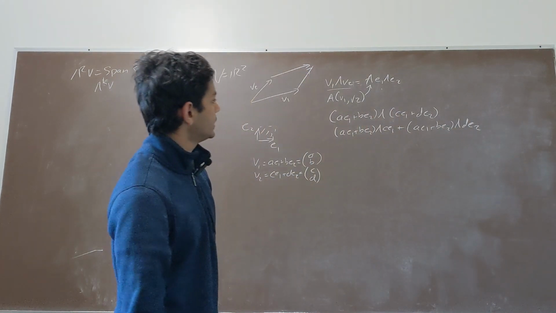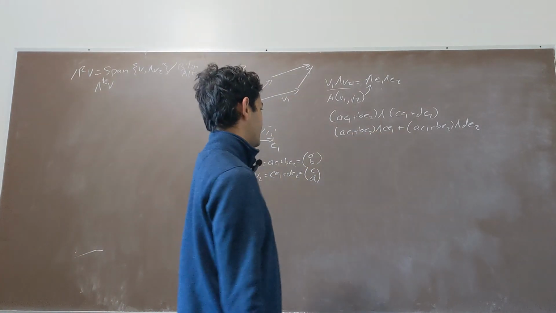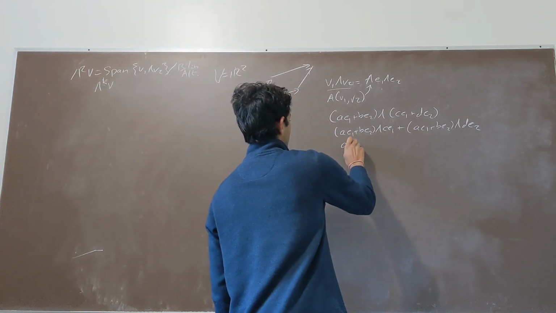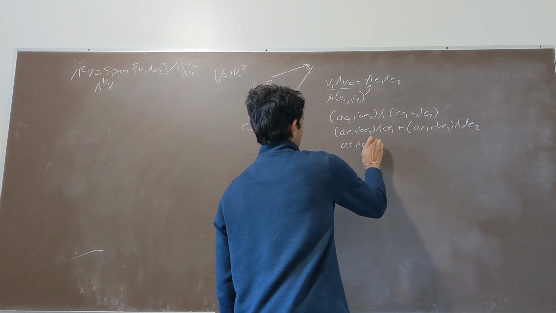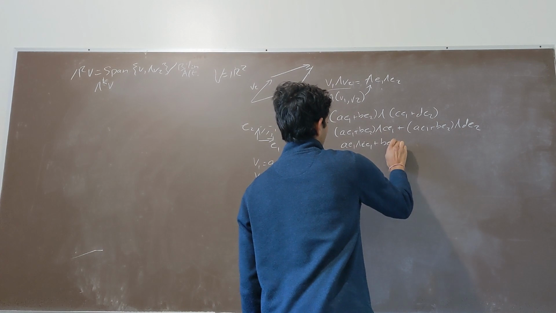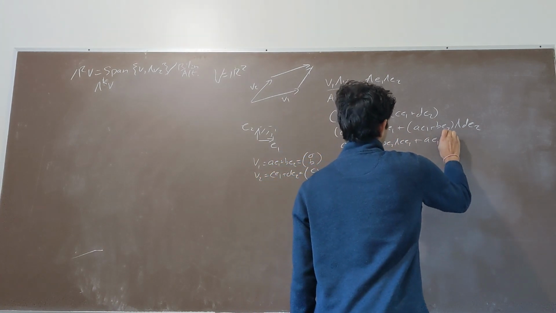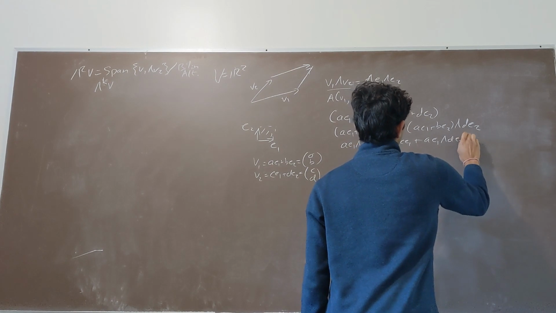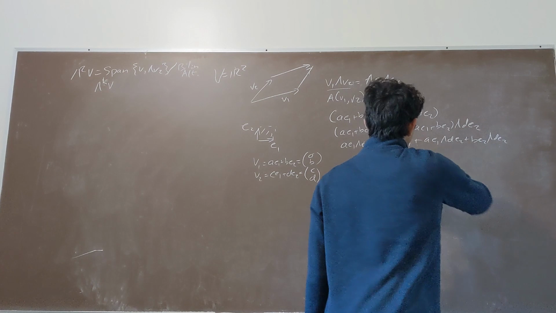Okay. And now we can fix the second vector and expand in the first vector, again using bilinearity. And so you get four terms. So this will be a e1 wedge c e1 plus b e2 wedge c e1 plus a e1 wedge d e2 plus b e2 wedge d e2.